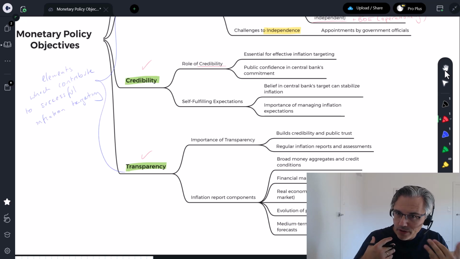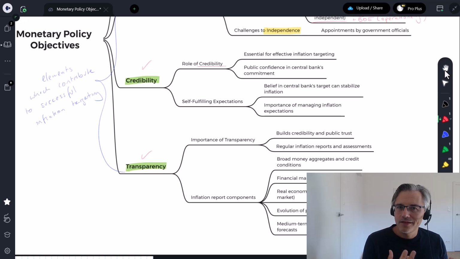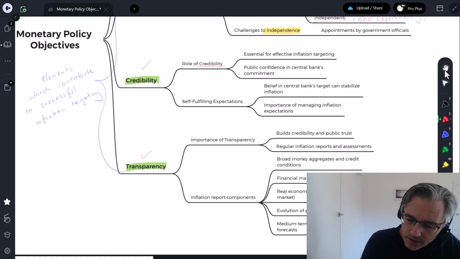So there's this kind of public confidence that the central bank knows what it's doing and the tools that it uses are going to be ultimately effective, and that is very crucial for effective inflation targeting. And so, public confidence in the central bank's commitment.